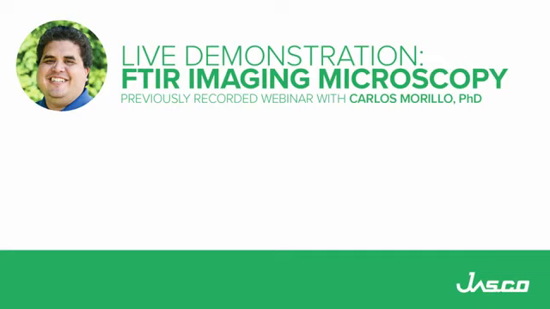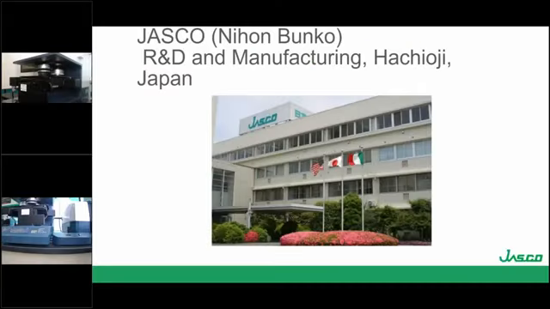For those that don't know JASCO, JASCO is the Japan spectroscopy company known in Japan as Nihon Bunko. We have our R&D and manufacturing in Hachioji in Tokyo, Japan.